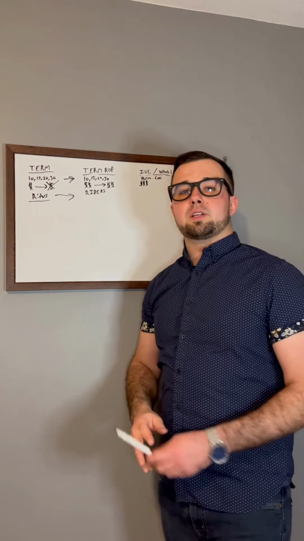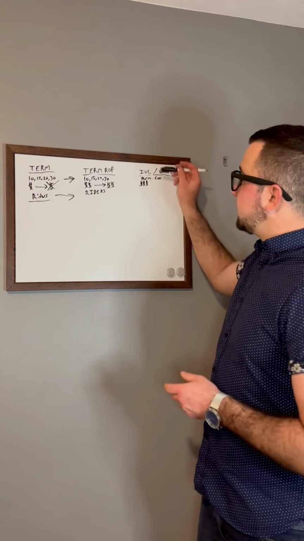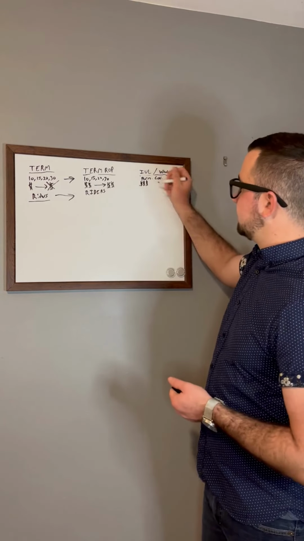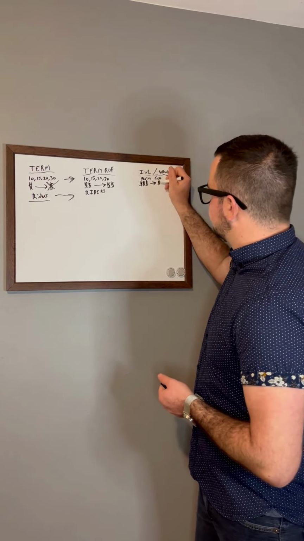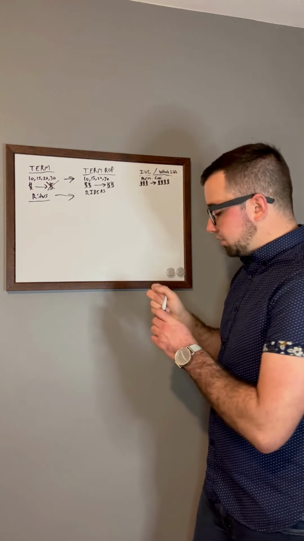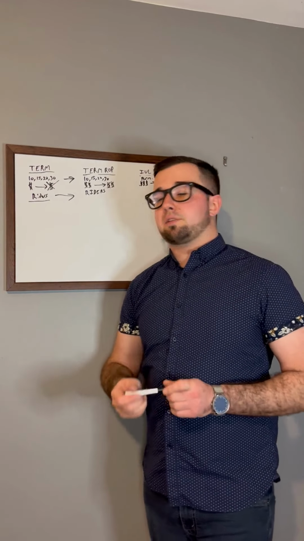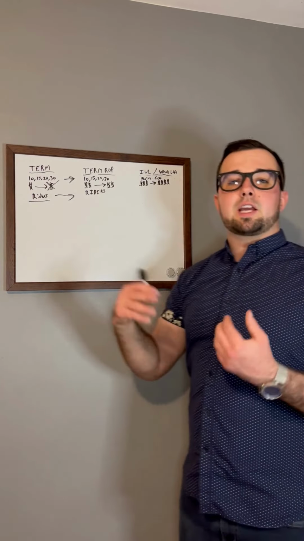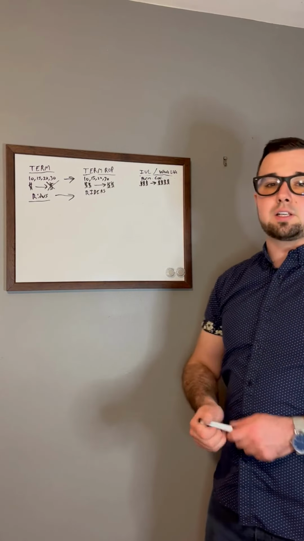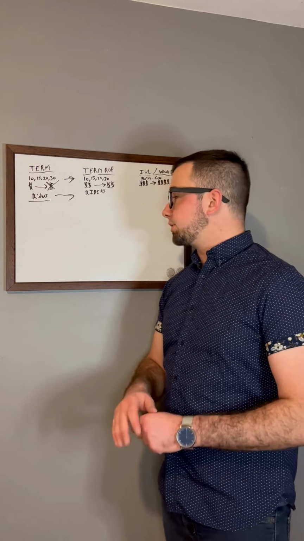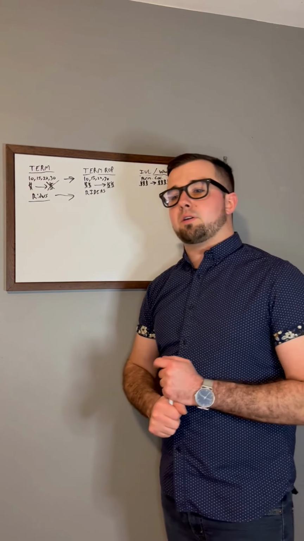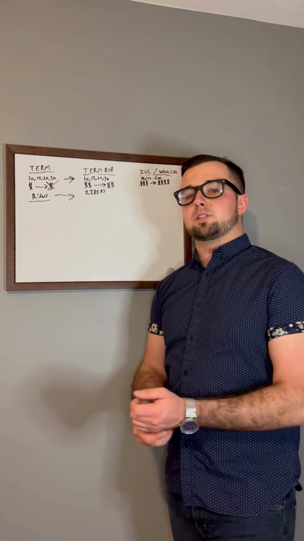But with that being said, these indexed universal life policies or whole life policies have potential to grow more money. An indexed universal life policy isn't a guaranteed amount, whereas a whole life policy is guaranteed. It grows at a locked-in percentage. You can make more money with an indexed universal life policy depending on how your allocations go.